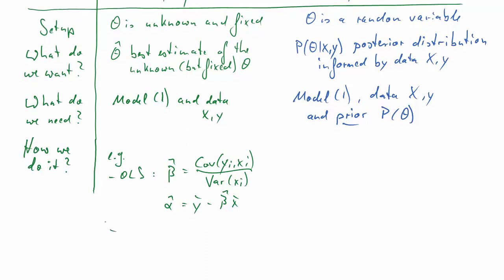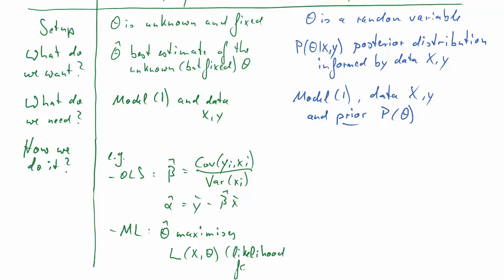And if you use maximum likelihood, and again, in this clip I'm not going to explain what that is, you either know it or you don't, we find one possible theta, the best theta, which is the one that maximizes a likelihood function. So we get one value. We use the one which maximizes the likelihood function.